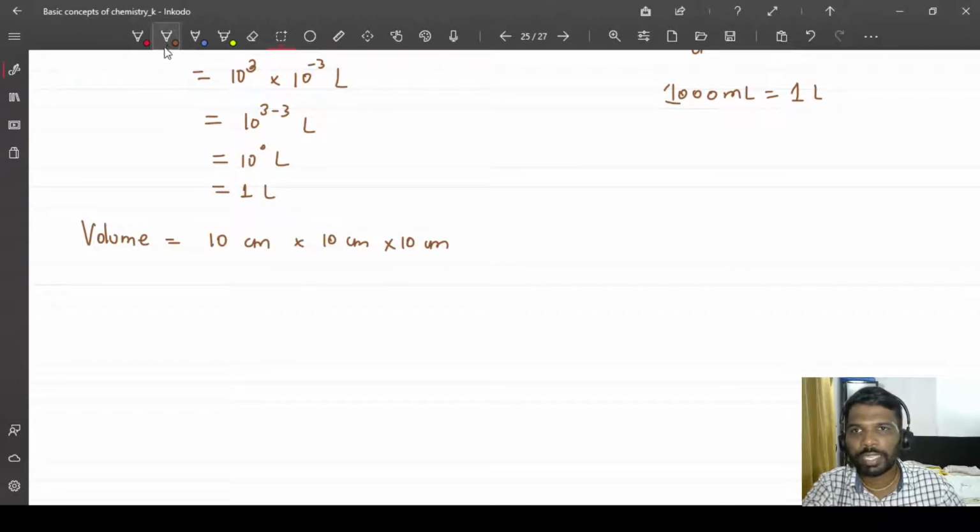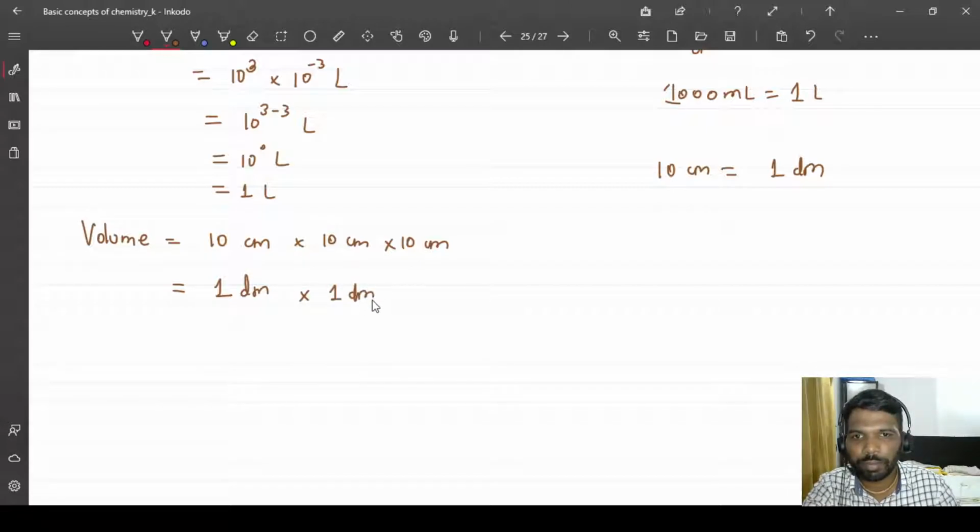Its volume was 10 centimeter into 10 centimeter into 10 centimeter. So what is 10 centimeter? 10 centimeter is equal to 1 decimeter. So here I will write, instead of 10 centimeter, decimeter, and this is again 1 decimeter, and this is also 1 decimeter. So this will be equal to 1 decimeter cube.